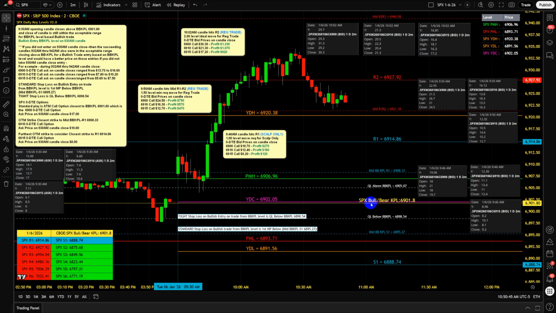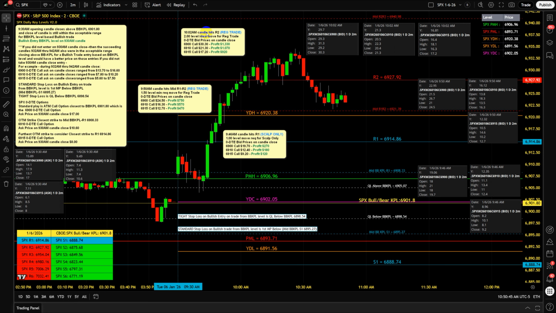So what that means is bull bear key price level up 1.5 to 2 levels, or down 1.5 to 2 levels, or in the case of other particular trades, it could be an R1 down to S1 as far as a bearish trade, or an S1 up to R1 for a bullish trade, or an R2 back down to the bull bear key price level, or an S2 back up to the bull bear key price level. So generally speaking, 1.5 level to 2 level moves.